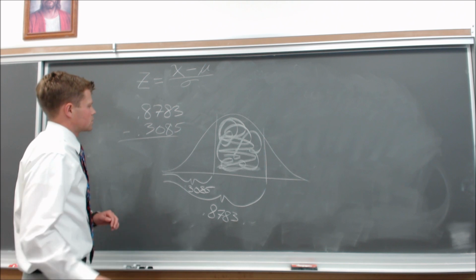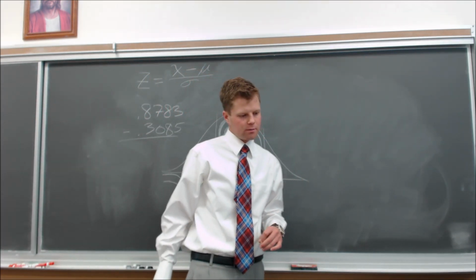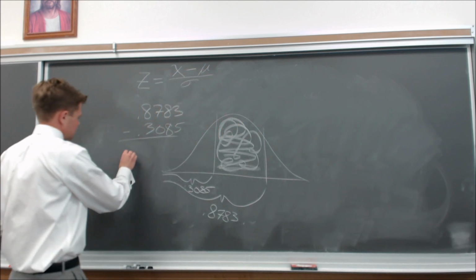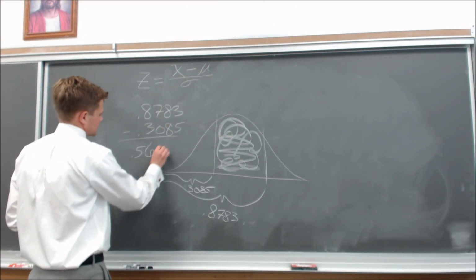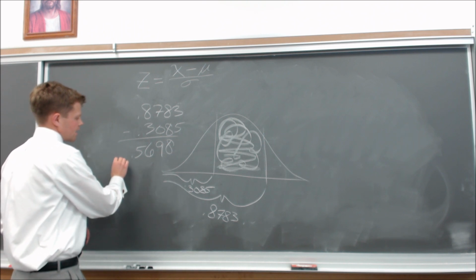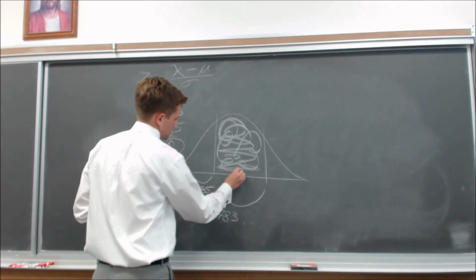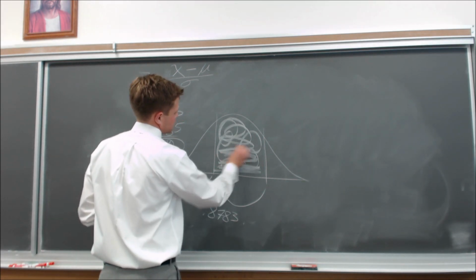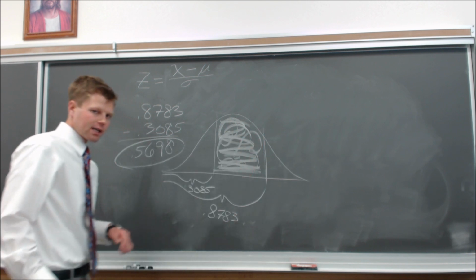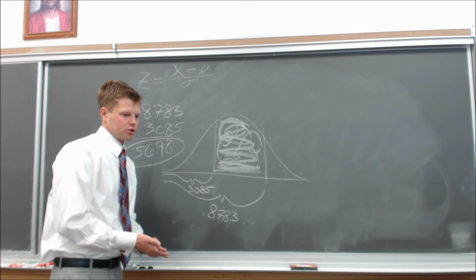Okay, so you subtract that, and you get your answer to be 0.5698. And that right there is the probability of finding a particle between 1,500 meters per second and 2,500 meters per second.